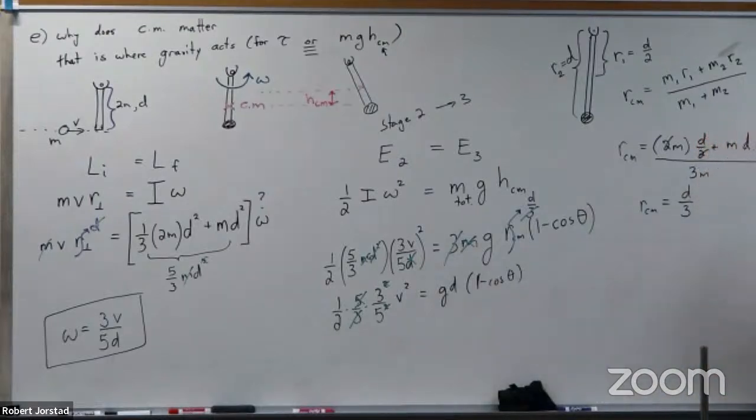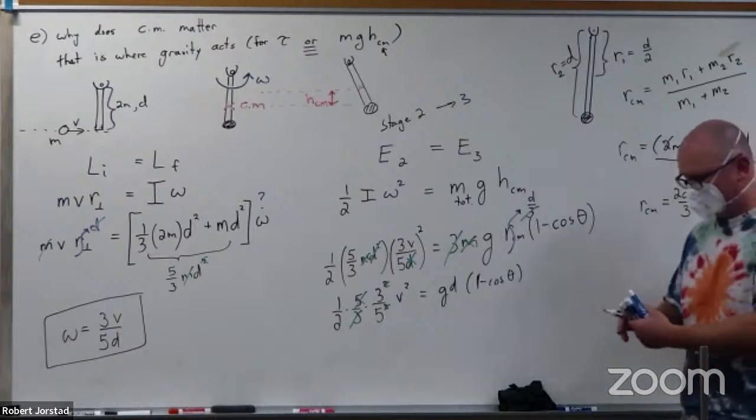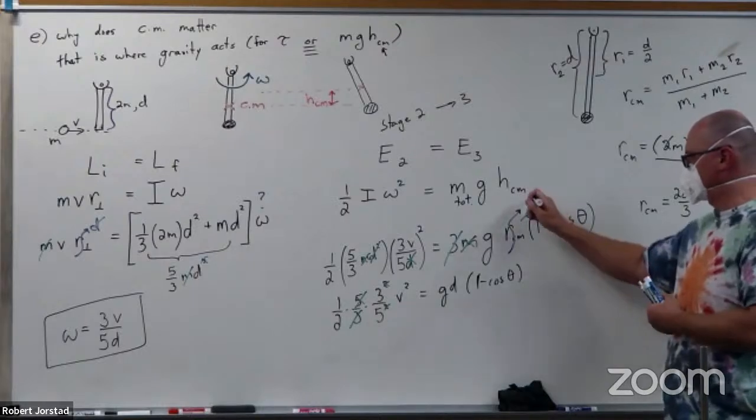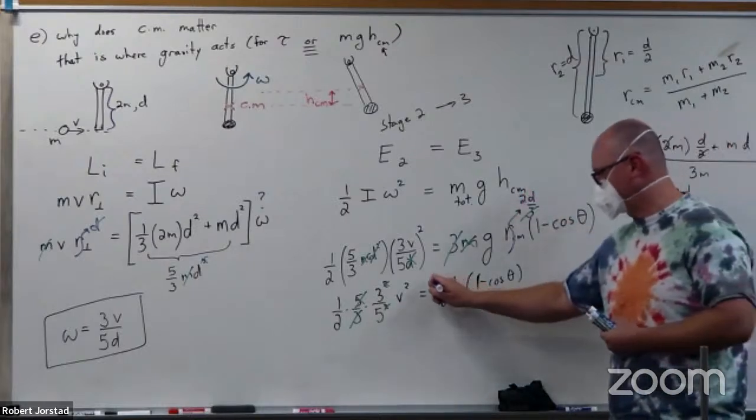Wait a minute, I screwed up something here, didn't I? What was this calculation right here? It's not D over 3. It's 2D. Do you see that? There's an M and an M. I scratched off too many 2's. I made a mistake. That should make this 2D over 3, which means there's still a 2 right here.